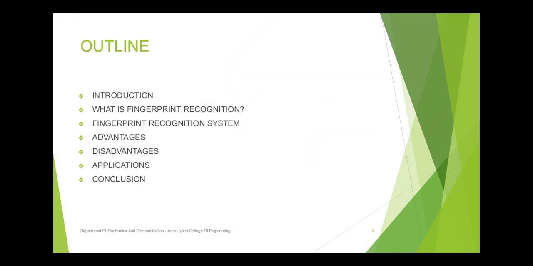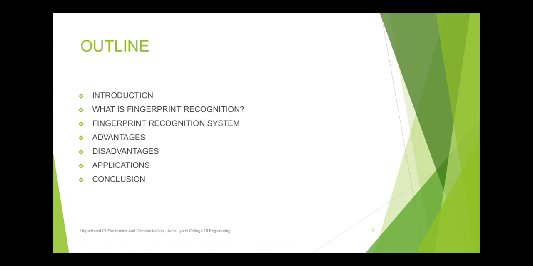So in this presentation, I am dealing with these topics. First, I am going to give a general introduction about fingerprints. Second, I am giving a general introduction to what a fingerprint recognition system is. Then I will explain in detail the process of the fingerprint recognition system, how the image is saved, how the image is identified by the sensor, and how it detects each fingerprint separately, and so on.